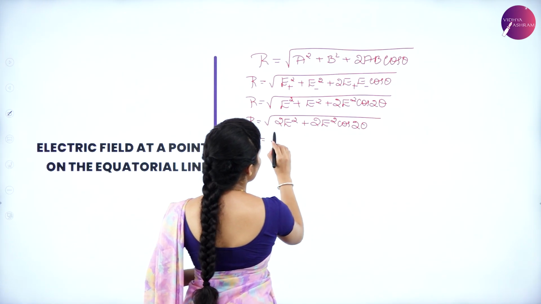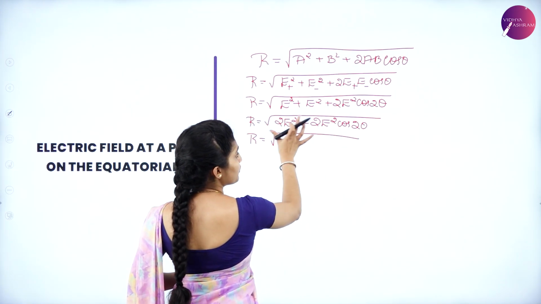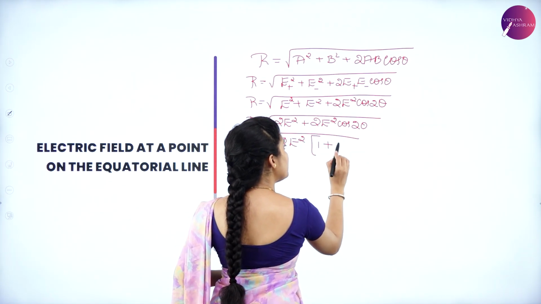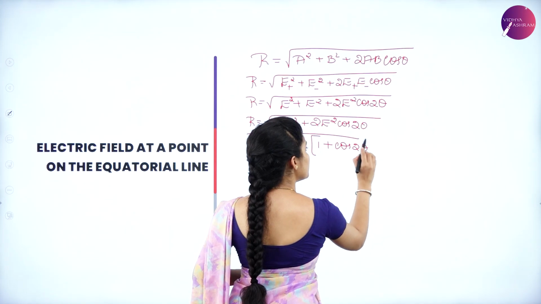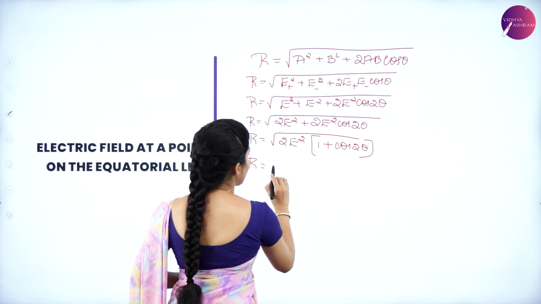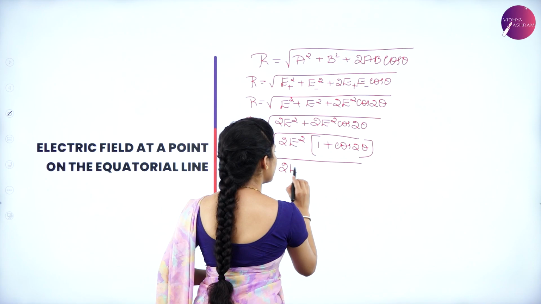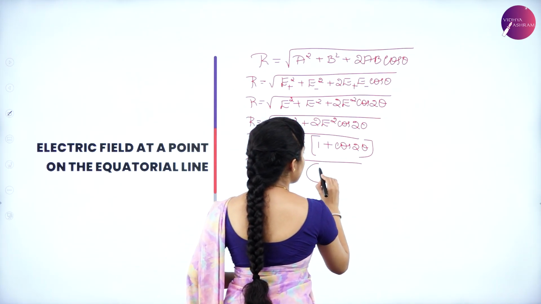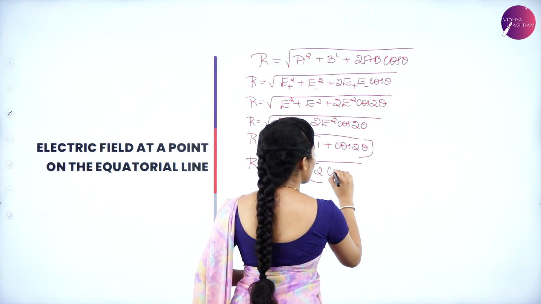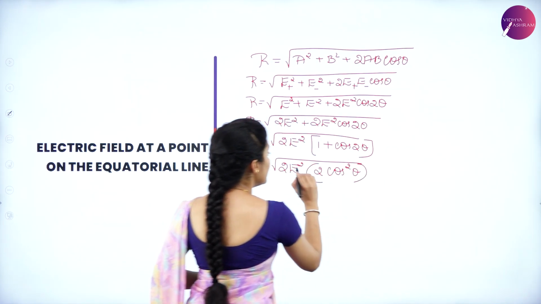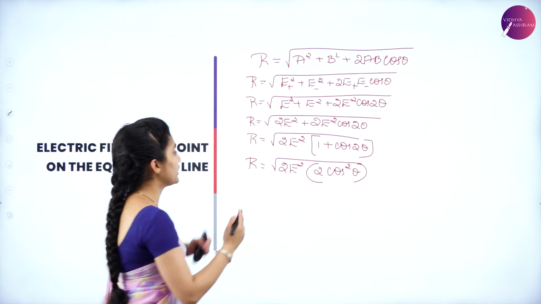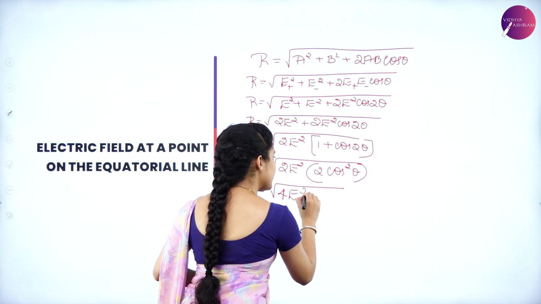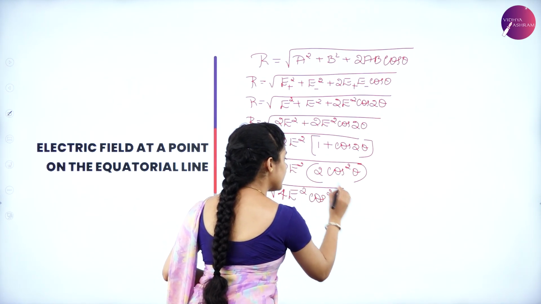So R is equal to root of E square plus E square, which is 2E square, plus 2E square cos 2 theta. Taking 2E square common out from these two terms, I have 1 plus cos 2 theta. 1 plus cos 2 theta can be written as 2 cos square theta. So what happens to this 2 and 2? They combine and we get 4E square cos square theta.